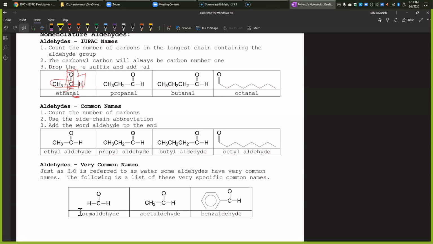Then there's some super common names: formaldehyde, and then acetaldehyde, and then benzaldehyde. We already talked about the benzaldehyde one. Acetaldehyde because ACE used to mean 2 carbons before they went to the modern naming, for the same reason that acetic acid is 2 carbons, or an acetate is 2 carbons, just old nomenclature.